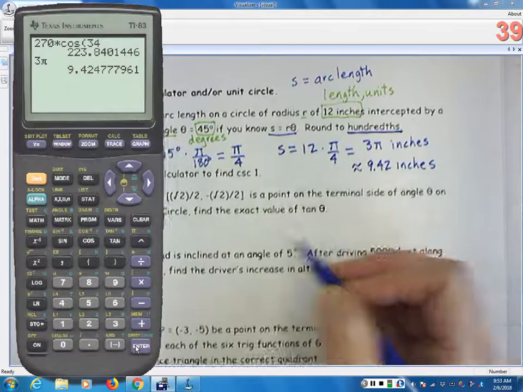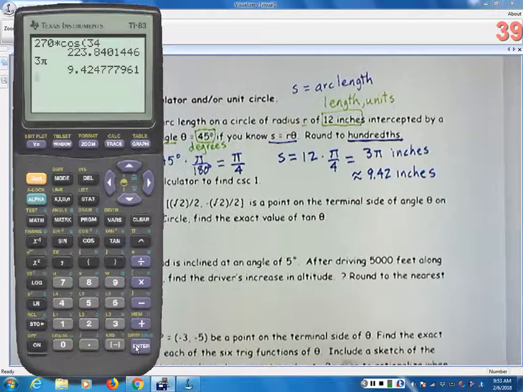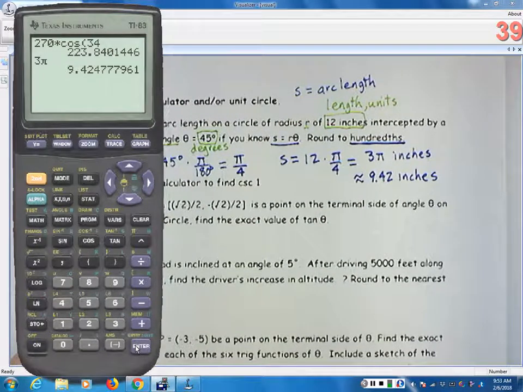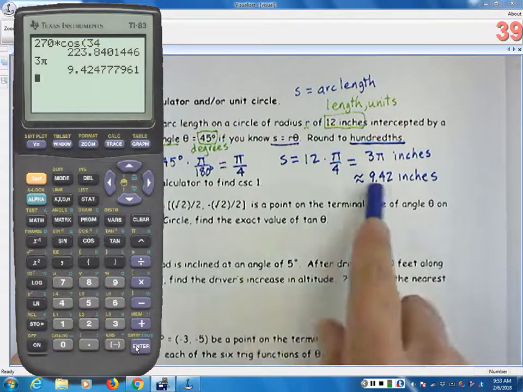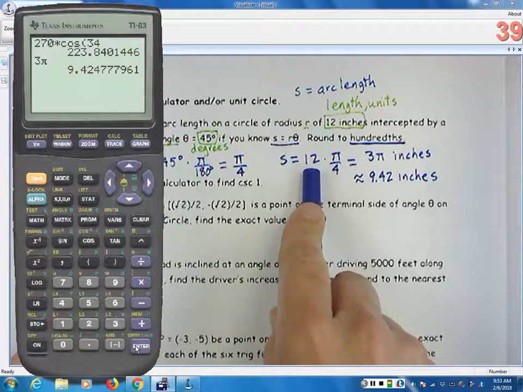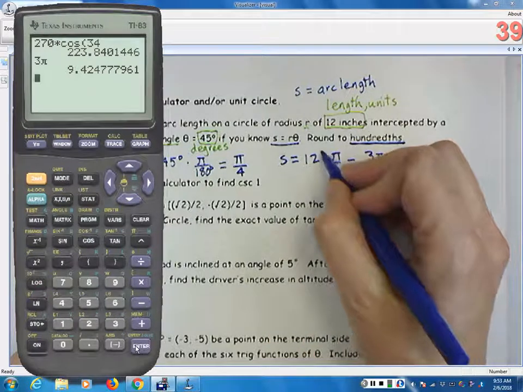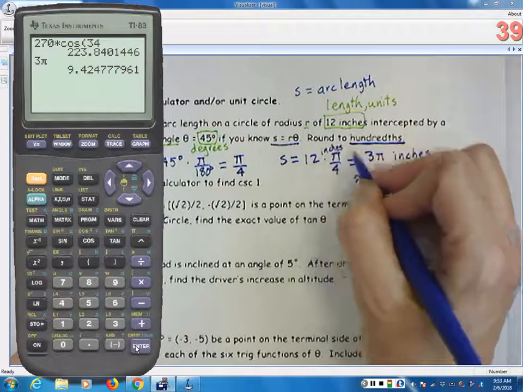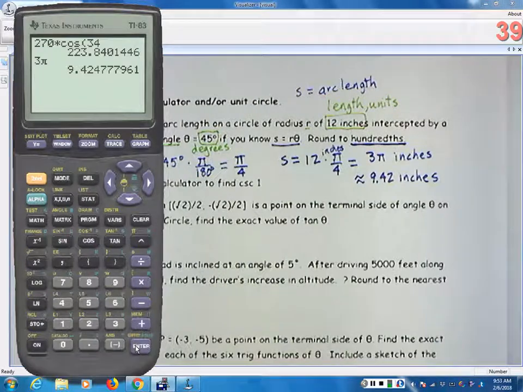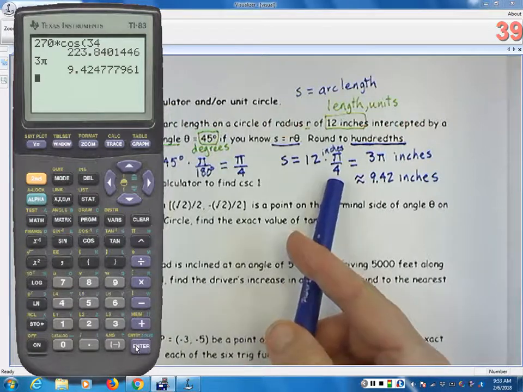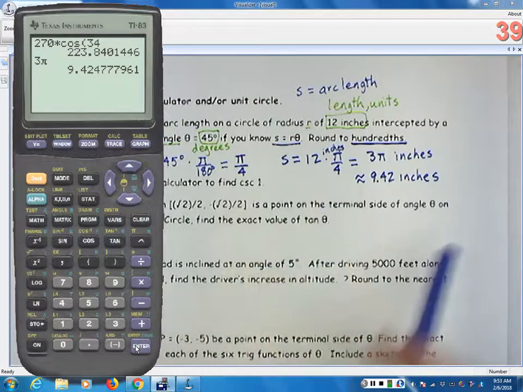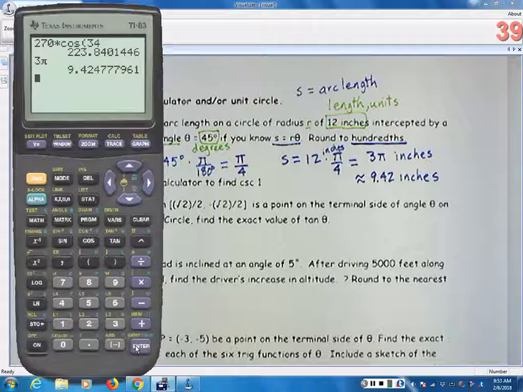Does that one need to be in radians, since we switched it to radians? Well, we got 12, this is in inches. We don't have to write the radians down on that. We did convert the angle to radians first, we've used that, and we get inches. Does the calculator need to be in radian mode?